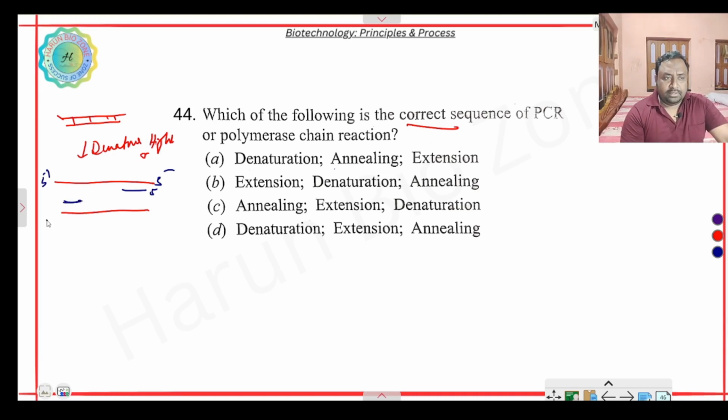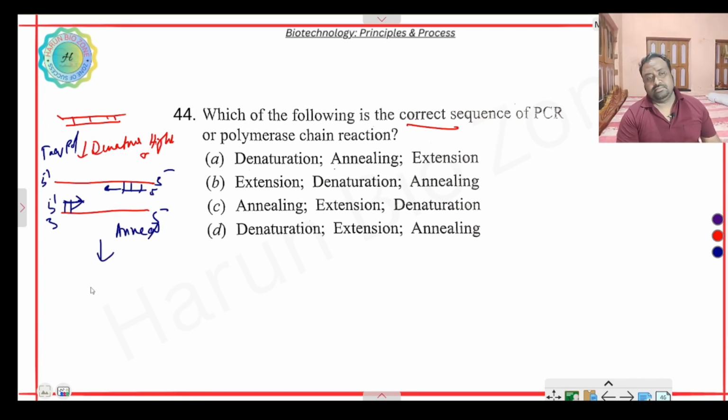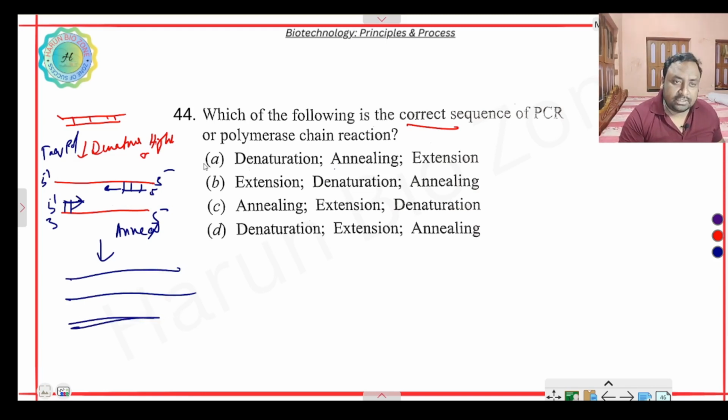Then 3 prime to 5 prime. So from this primer, in the presence of Taq polymerase and nucleotides, normal DNA synthesis occurs, that is called annealing, and then extension. Ultimately two DNA strands are produced. So denaturation, annealing and extension is the correct option.